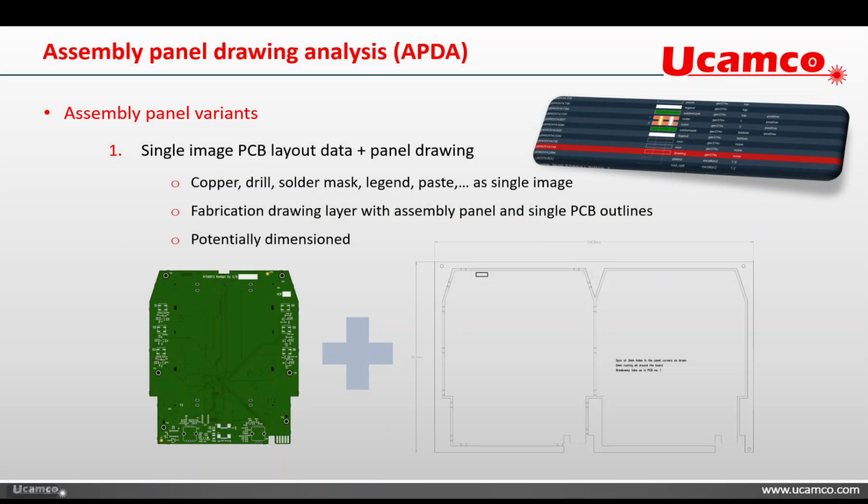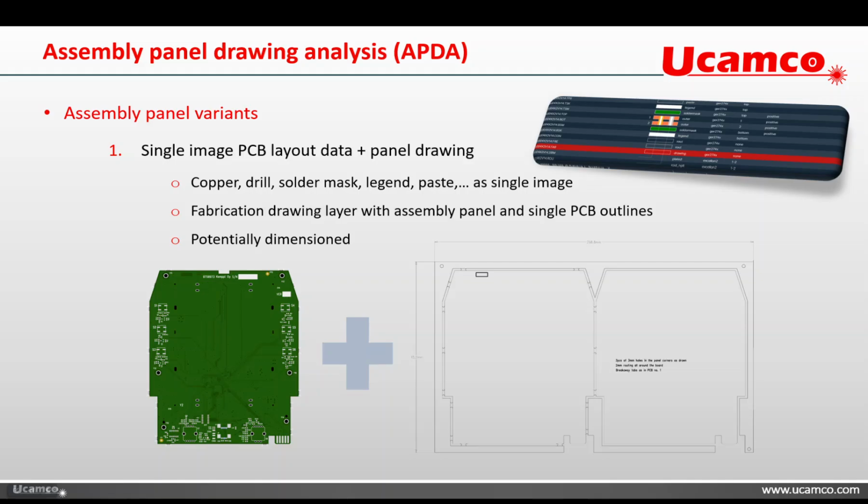Looking at this CAD layout data that tries to convey an assembly panel requirement, there are basically a number of variants that you can discriminate. The first one is the one that you see here. All PCB data is provided as single image: copper layer, solder mask, drill.